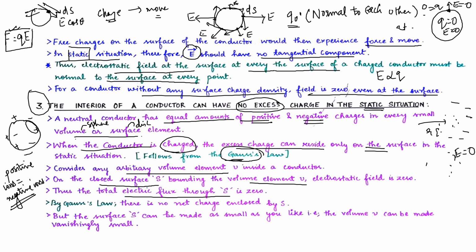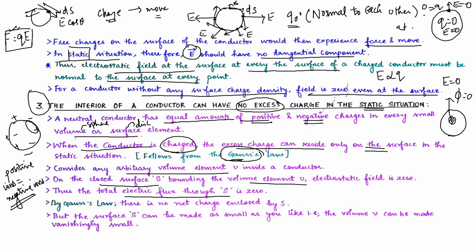When there are no electric field lines, what is flux? Flux is the amount of electric field lines passing through a particular surface ds. If the surface is internal to a conductor, E is 0, hence flux is 0.